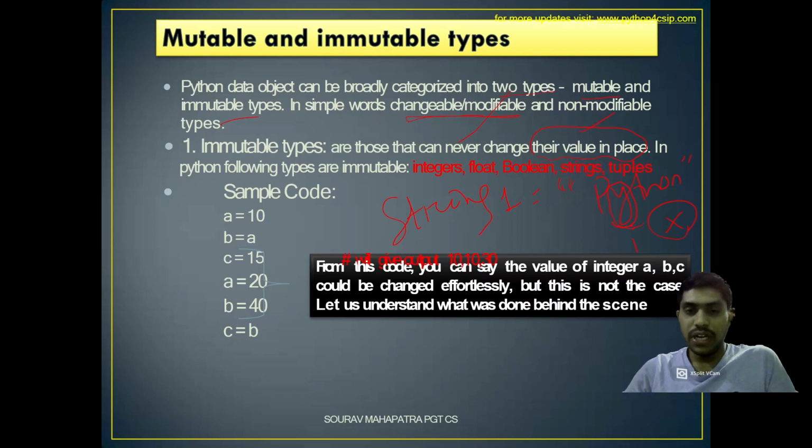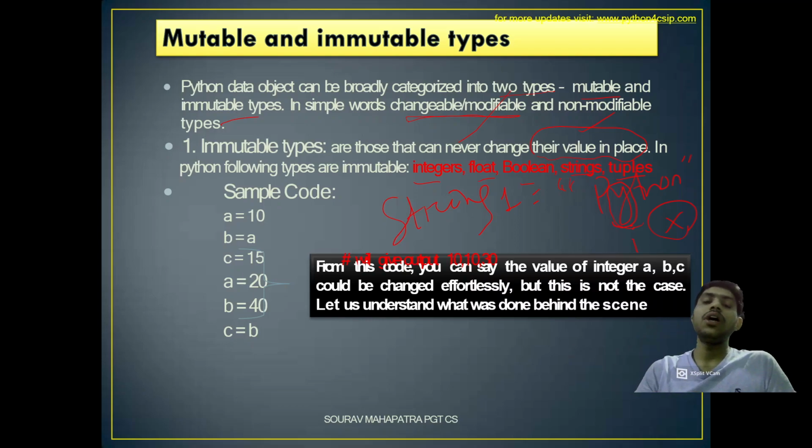Integers are an immutable type. Floating point is an immutable type. Here it is listed: integers, float, boolean, strings, tuples. Clear my point? Why is it an immutable type? Because after defining it once, we cannot change the in-place value. We cannot change it at all.